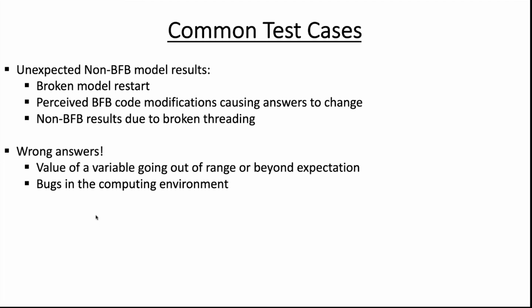For example, a broken model restart, and whenever we perceive the model to be bit for bit but there are changes causing non-bit for bit answers, and also non-bit for bit results due to broken threading. We can use this tool to debug that as well.